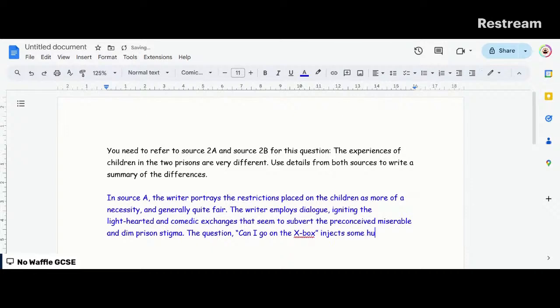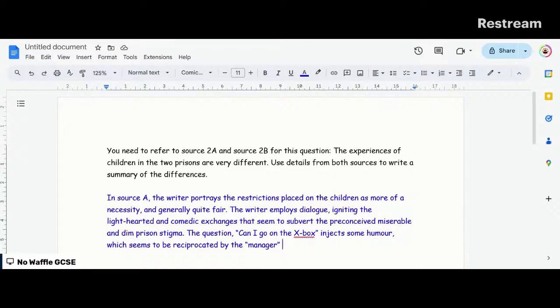Injects some humor which seems to be reciprocated by the manager. And you can put that in quotes as well, because that's what he is referred to as in the text.